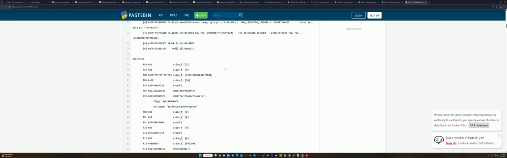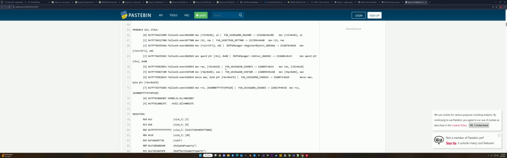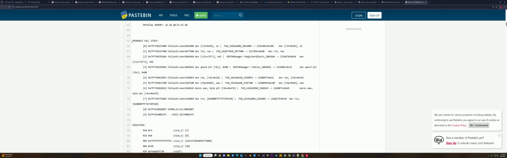So what you want to do is look here at the stack, probable call stack. The call stack is called LIFO, last in first out, and it's kind of like a bookmark. Whenever you're jumping around in your code, it bookmarks where the call came from, so once whatever was called finishes, it can return to the bookmark and continue processing.